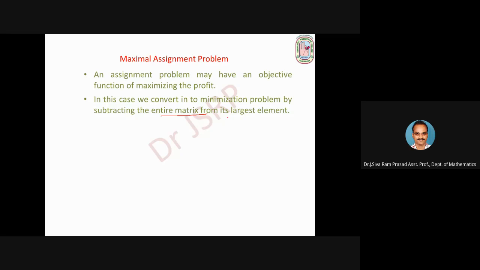By using the relation, max z equals minus minimum of minus z.